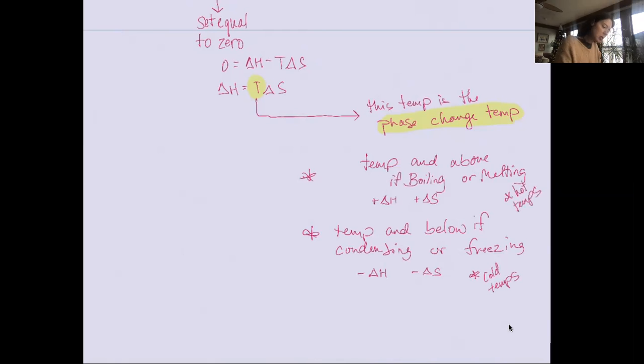So we need to be able to specify, is it the temp and above or is it the temp and below? But if asked what temperature this will occur at, you need to set your delta G equal to 0 and solve for T.